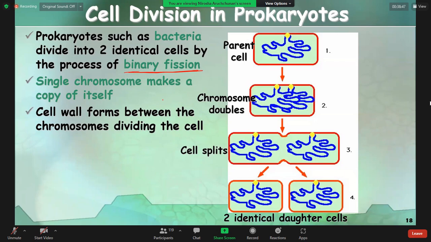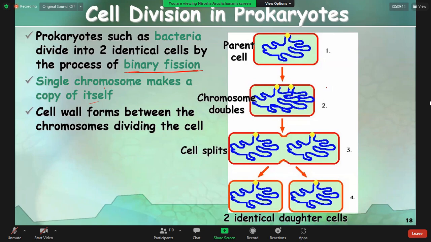So here, how is it happening? The single chromosome makes a copy of itself, right? If we take this as a parent cell, the chromosome is copying itself into two. So the chromosomes double now.